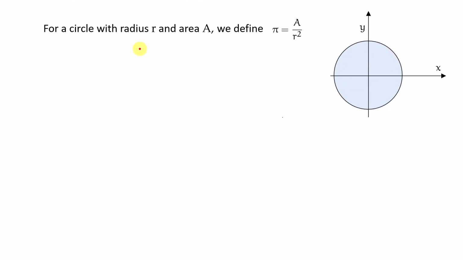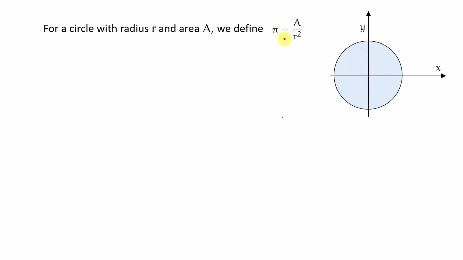The value of pi is of great interest for mathematicians since antiquity, and it was known for a long time that the ratio of area and radius square of a circle is a constant, and that is what is pi.